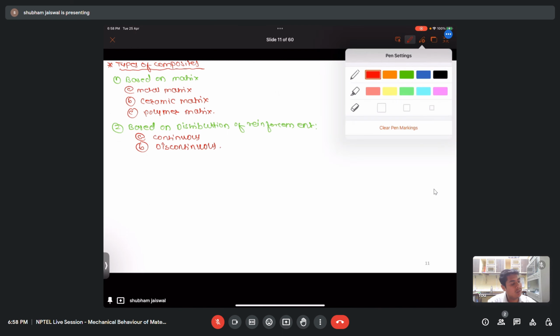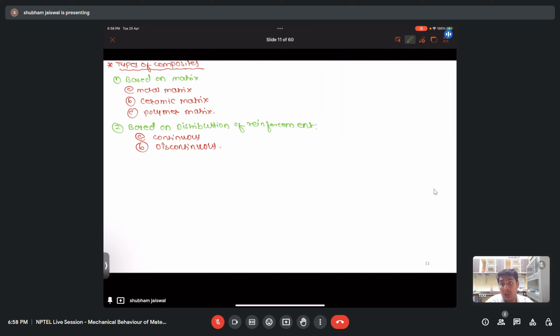Then the third type that we have, differentiated composite, is based on the type of reinforcement. So in this we can have particle reinforced composite.